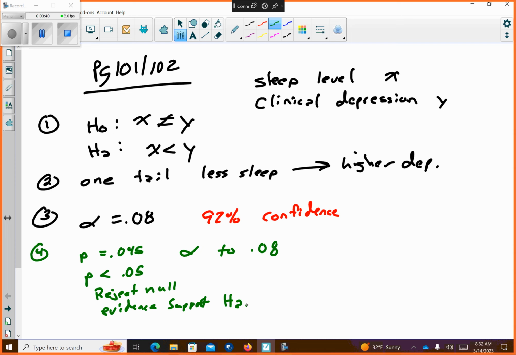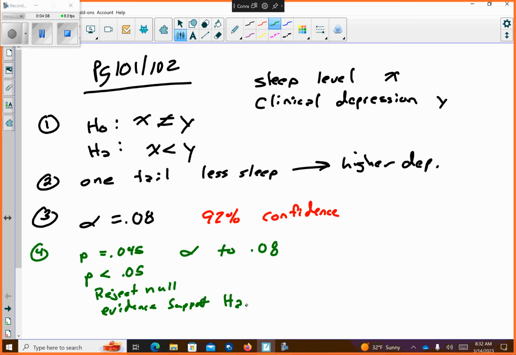Okay, so then what does the 0.08 alpha mean? If we go back and look at what the notes were yesterday, so if we select the alpha: as we have stated, the basic rule of thumb commonly applied in research studies is that p-values below 0.05 will allow us to reject the null hypothesis.